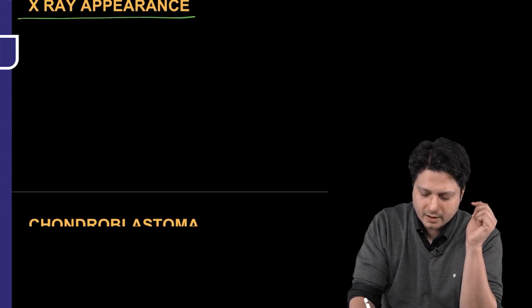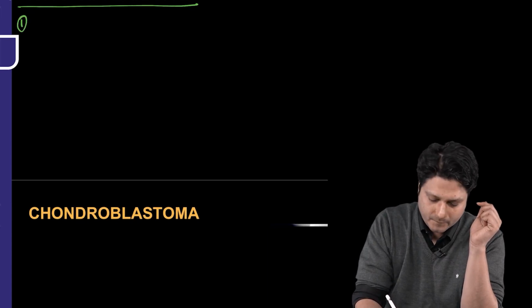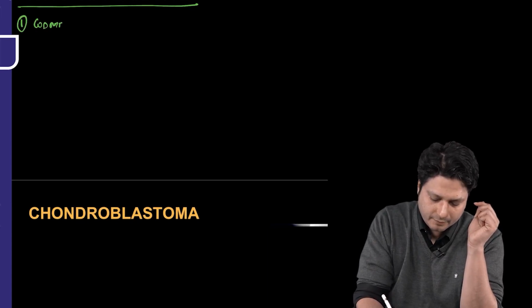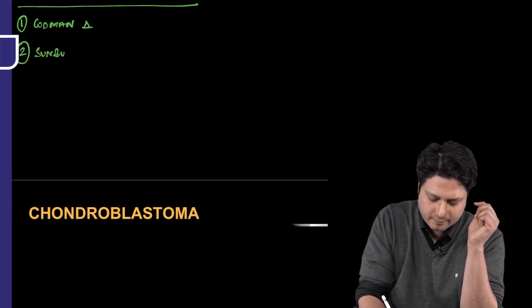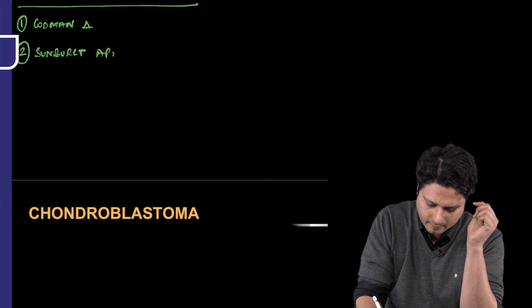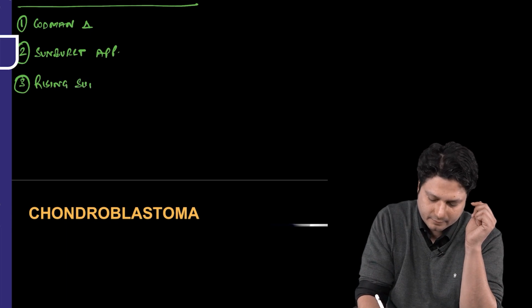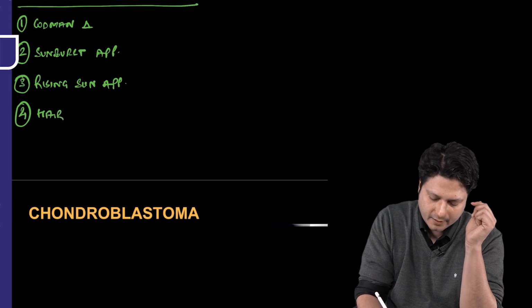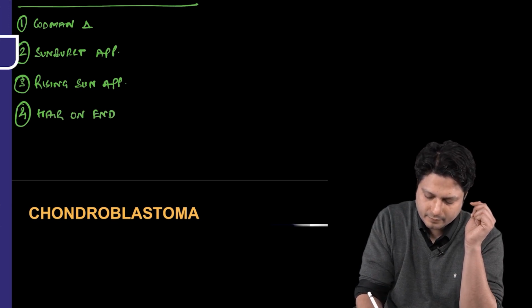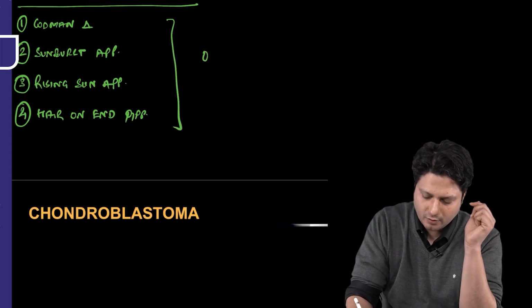Now under the heading of X-ray appearances, the first is Codman triangle, then sunburst appearance, then rising sun appearance, and hair on end appearance. All these X-ray findings are the feature of osteosarcoma.